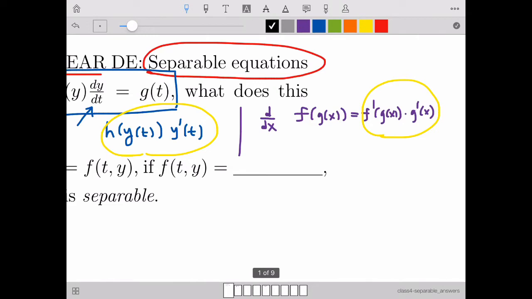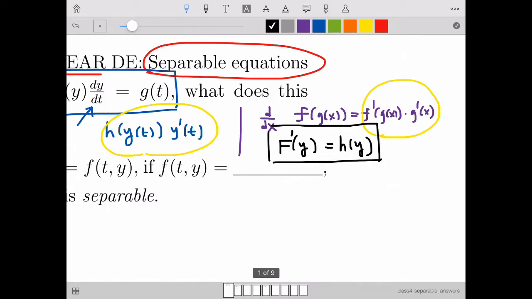If I can find big F of y so that big F prime is h of y, then I can replace this by big F prime of y of t.